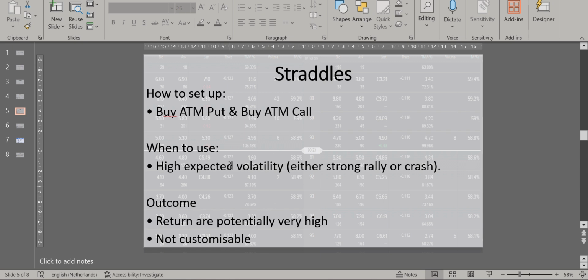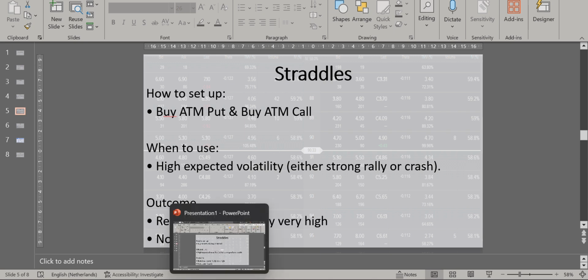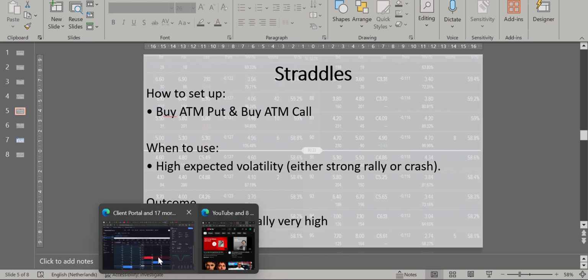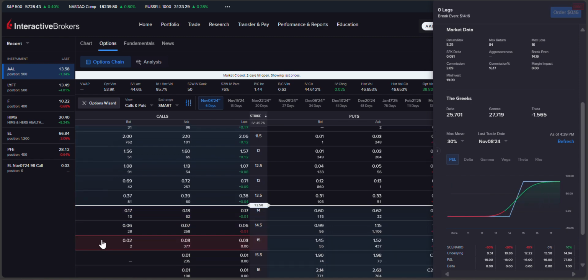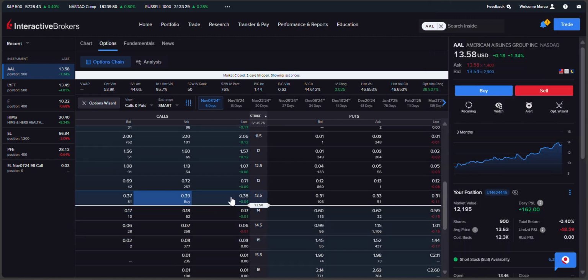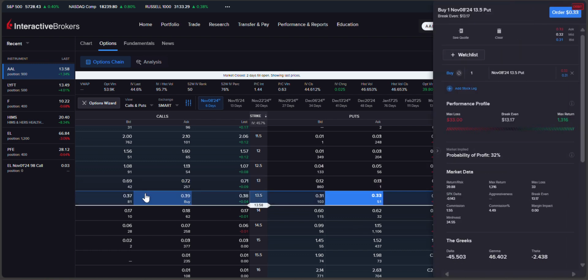All right. Basically, they have the same strike price, and so by cleaning this up, for example, since the stock is trading at 13.58, the closest option to the ATM is a 13.50. So basically, we are going to buy a put and we are going to buy a call.